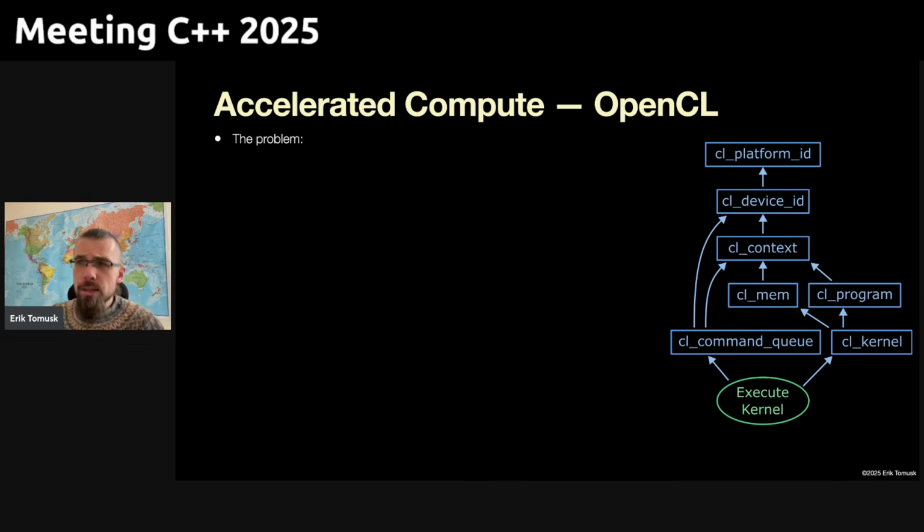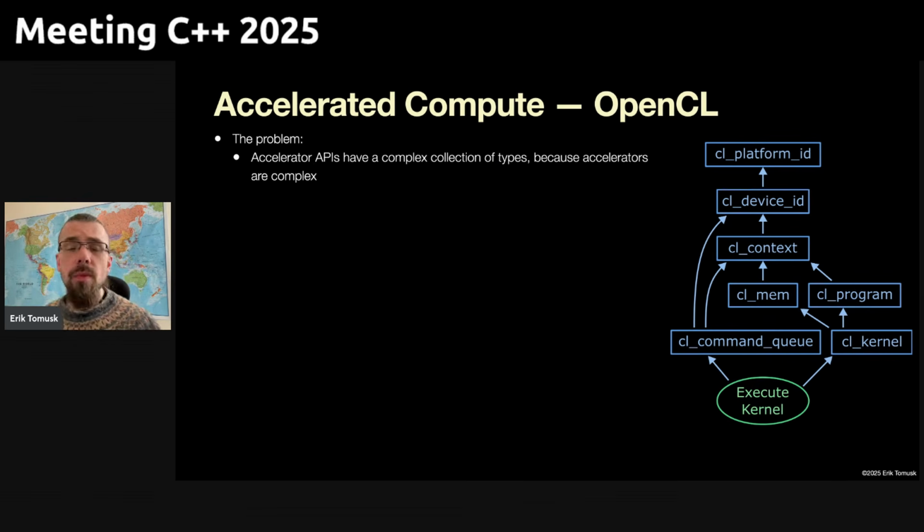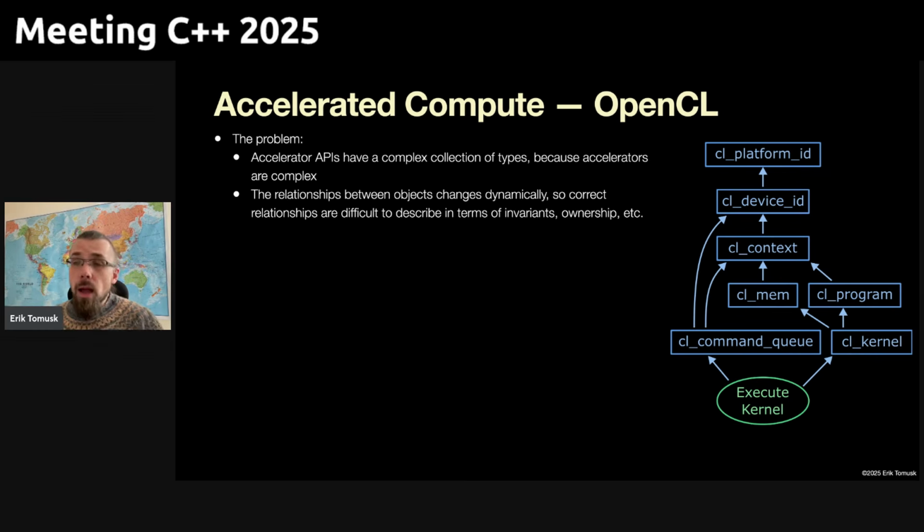So the way I explain this problem to myself is that accelerator APIs have this complex zoo of types. And this zoo exists because accelerators themselves are complex hardware. But moreover, when we look at the objects that accelerator APIs have, the relationships between the objects change dynamically in the course of the application.